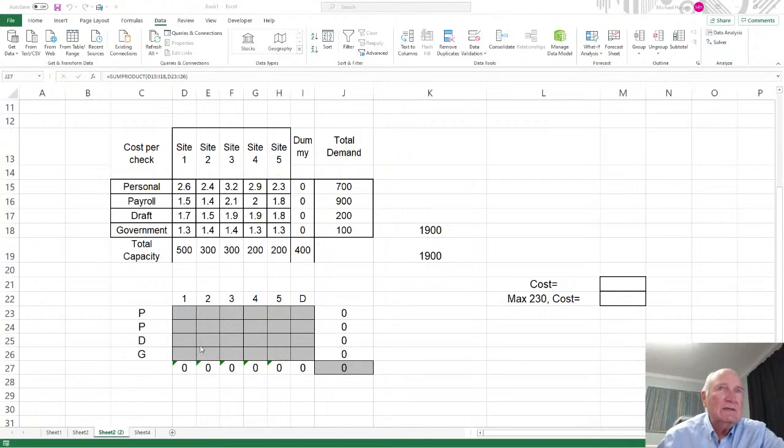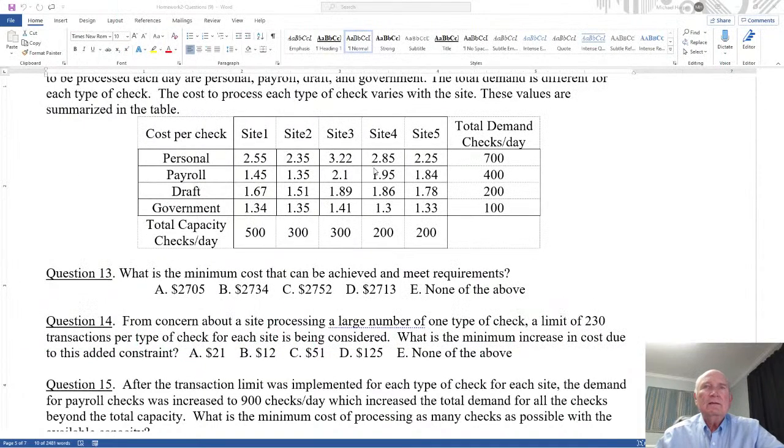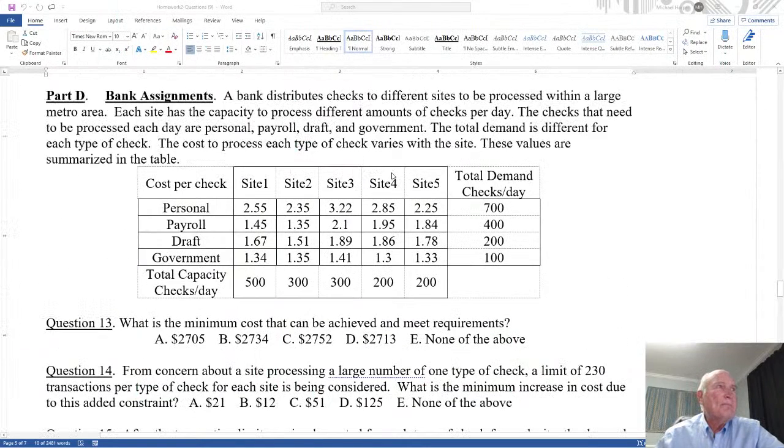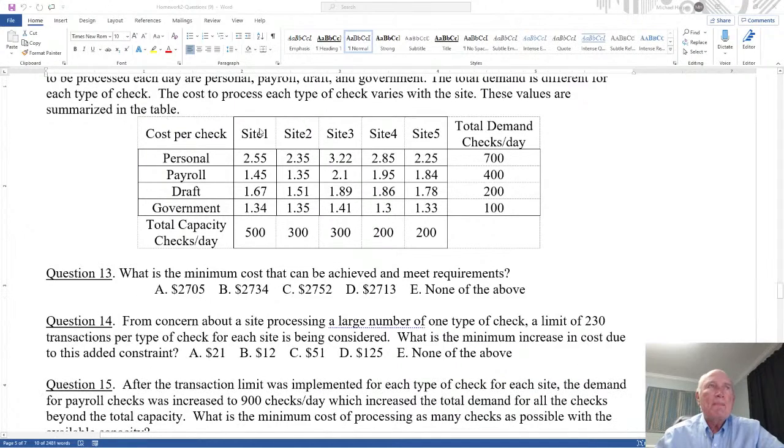See, what is this? 13 through 18. Oh, what's going on here? Let's see what this is. Oh, okay.